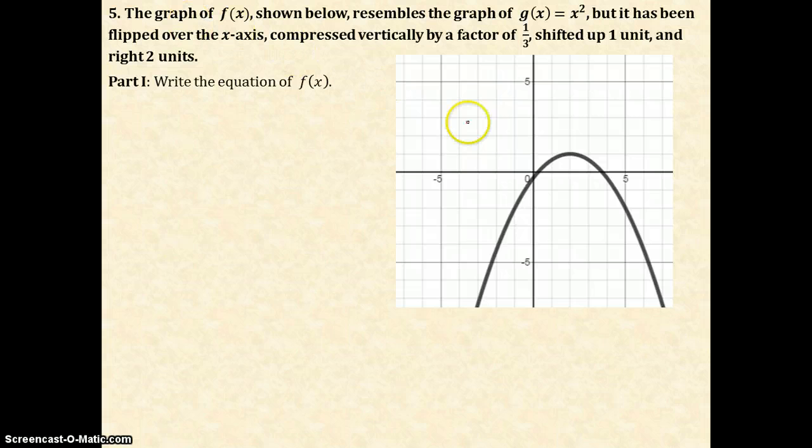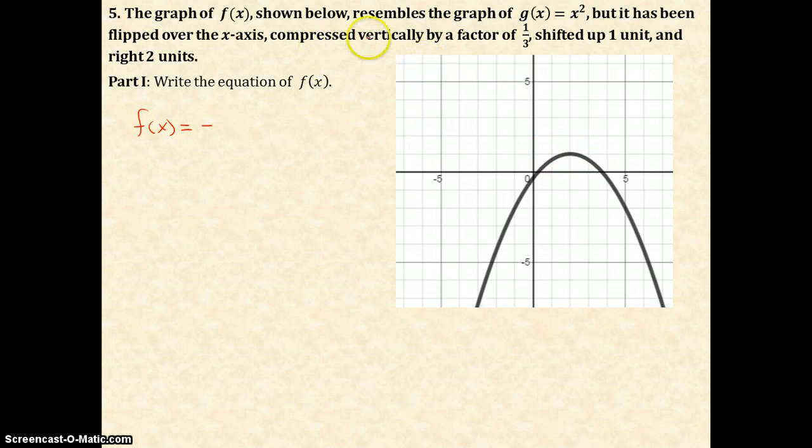So this graph resembles y equals x squared, but it has been flipped over the x-axis, compressed vertically by a factor of 1/3, shifted up 1 unit, and right 2 units. So write the equation. Well, we know that when it's flipped over, it's a negative.